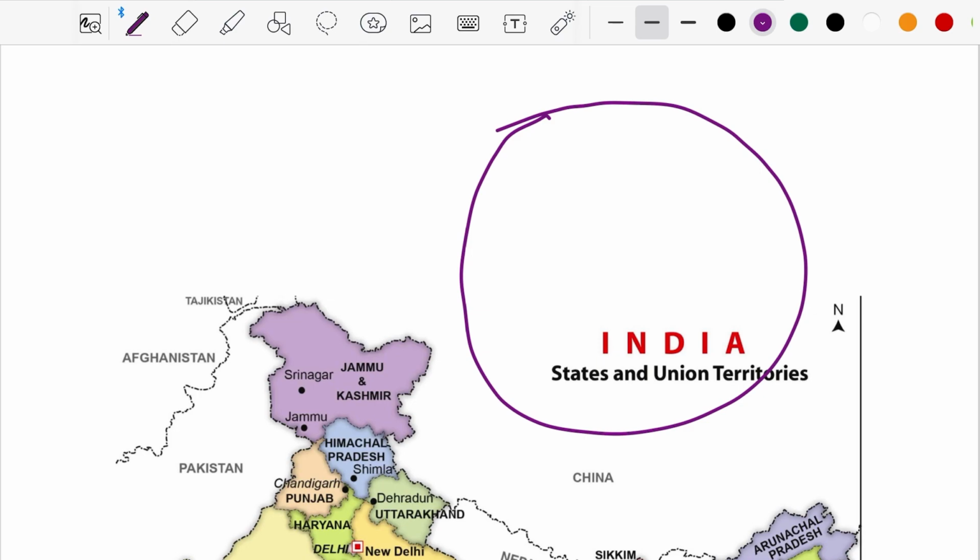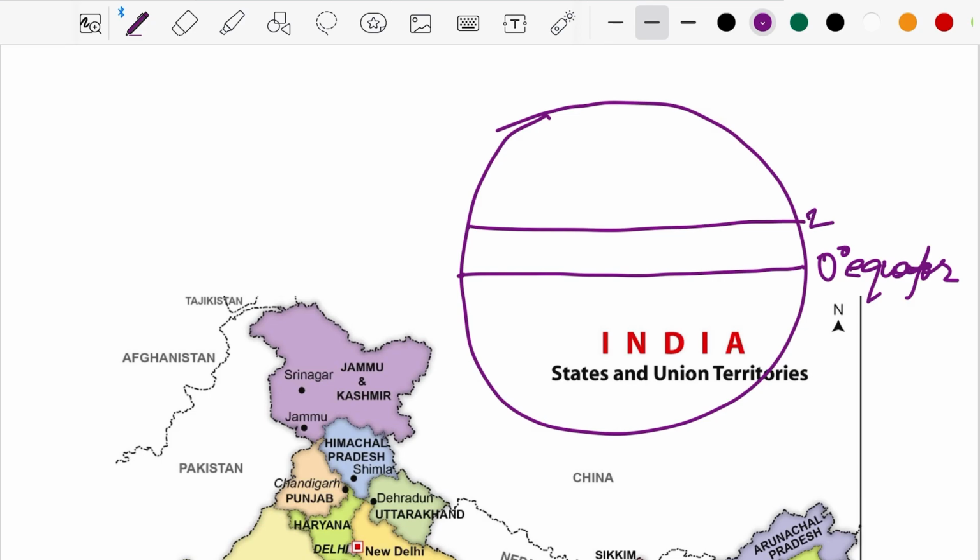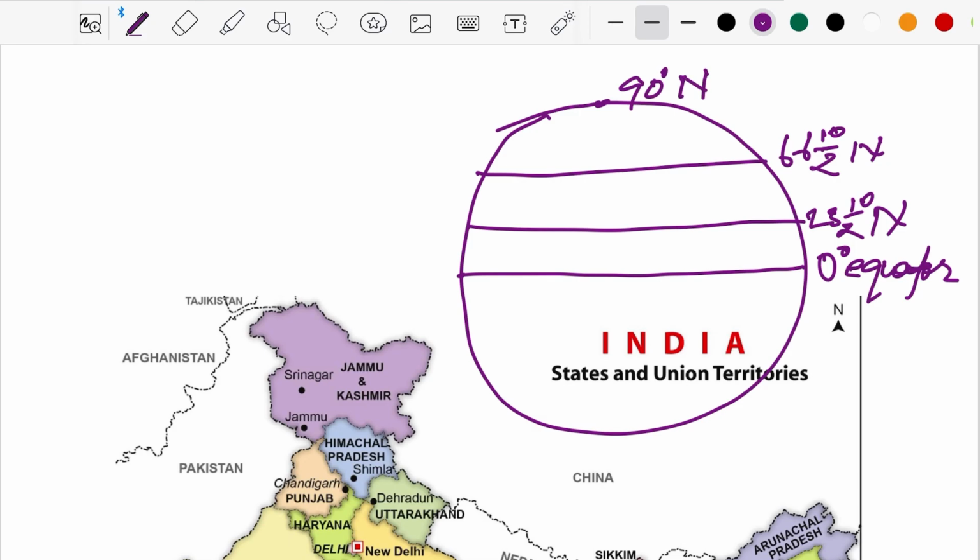In between it there is 0 degree, which is nothing but the equator. Just above the equator is 23.5 degree north, that is Tropic of Cancer, and 66.5 degree north is Arctic Circle, and above it is 90 degree north, that is North Pole.